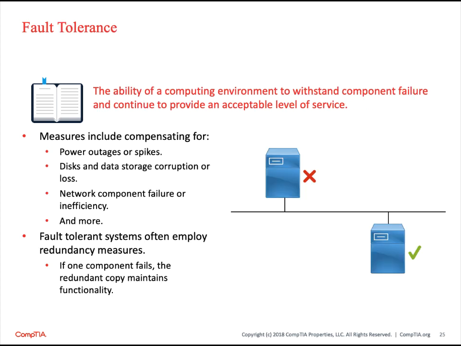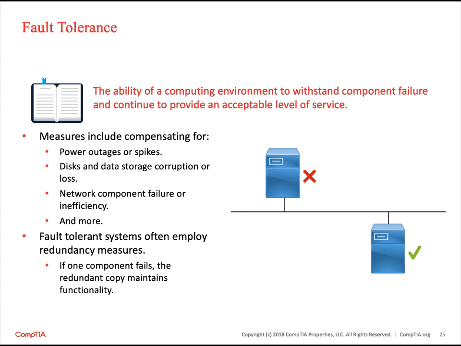Fault tolerance. This is the ability of a computing environment to withstand component failure and to continue to provide an acceptable level of service. In this case, we're going to have several categories of fault tolerance.